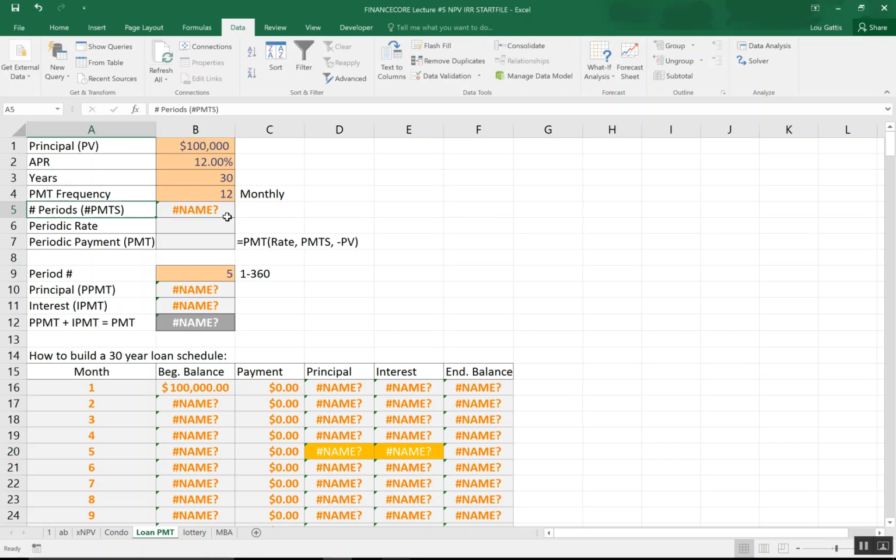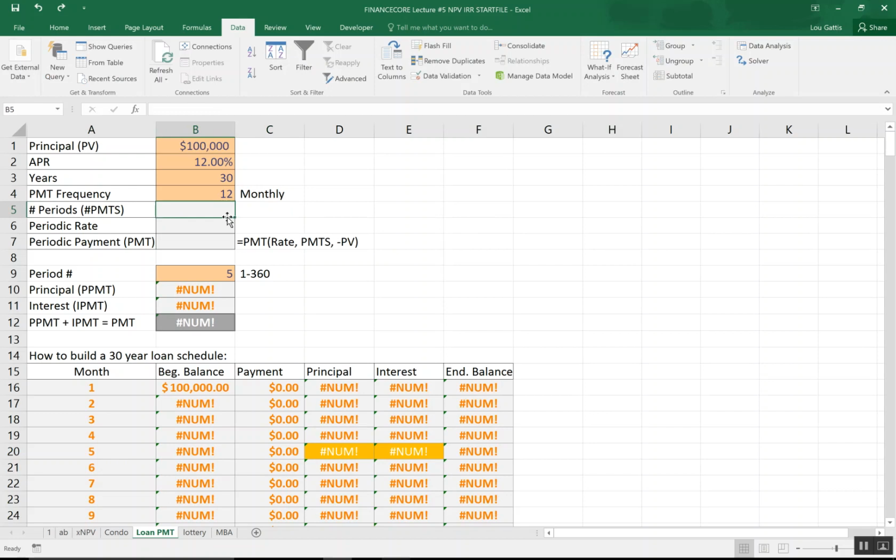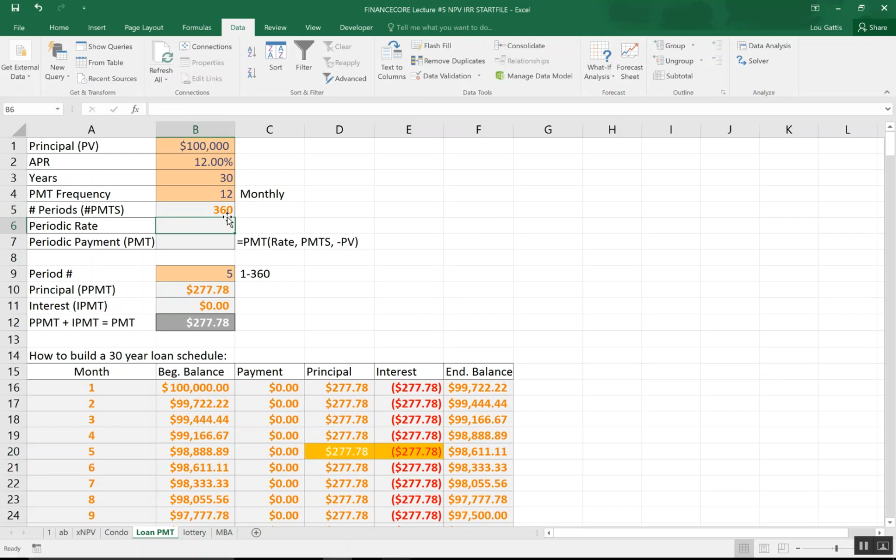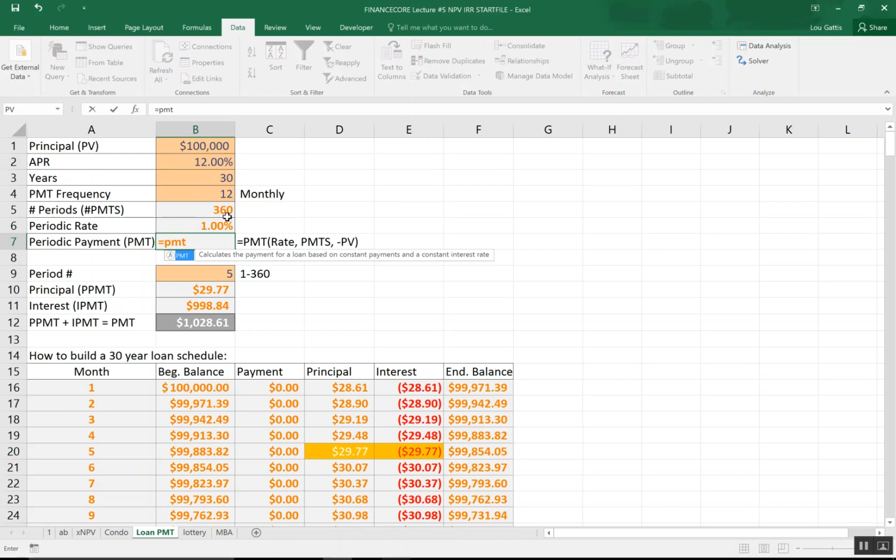Well, first of all, let's get the number of payments. The number of payments is going to be 12 payments per year times 30 years. It's going to be 360 payments. The monthly interest rate is going to be 12% divided by payment frequency. So it's 1% per month. Then we can calculate the level payment, the equal payment, using the payment function, where we'll put in the periodic rate, 1%, 360 payments.